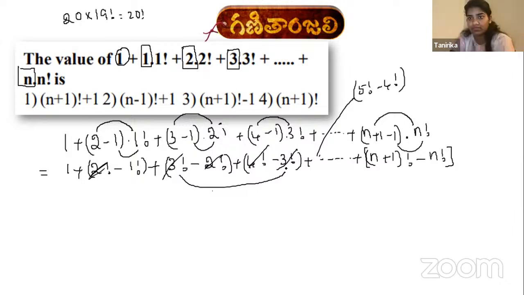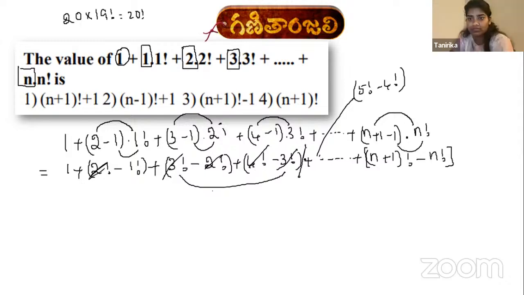If there is no previous term, that means if the series ends here, minus 3 factorial remains uncancelled.